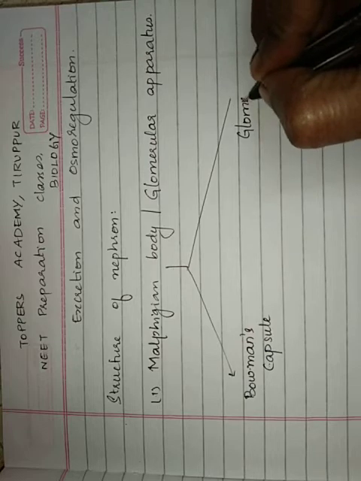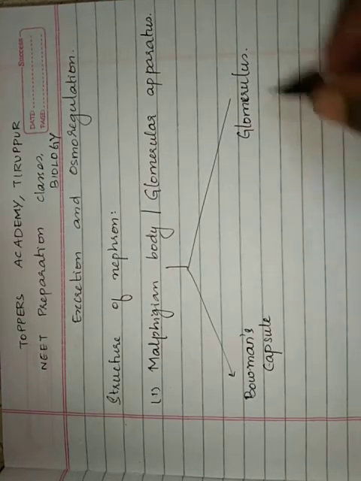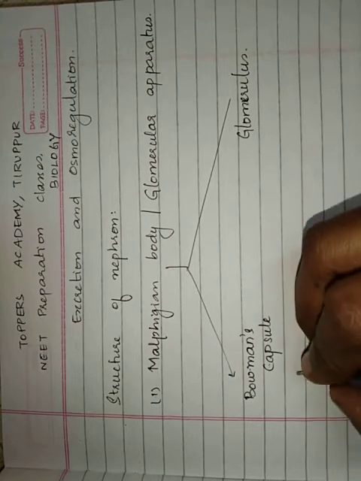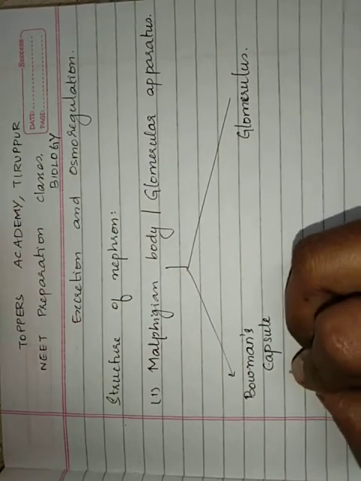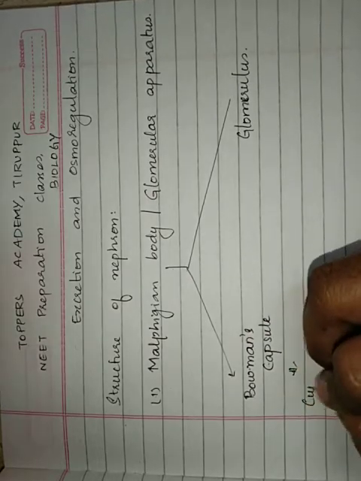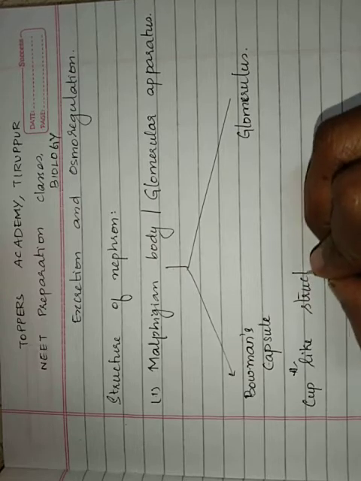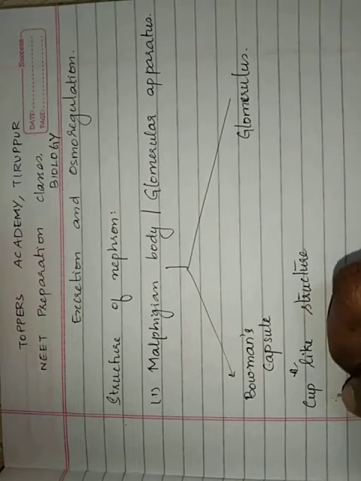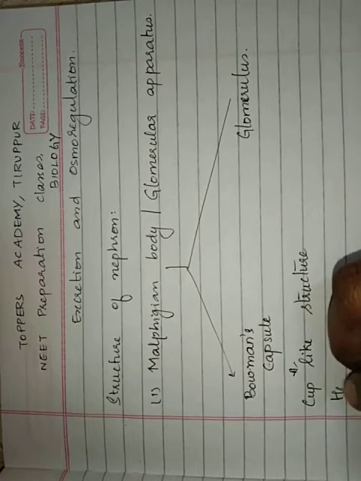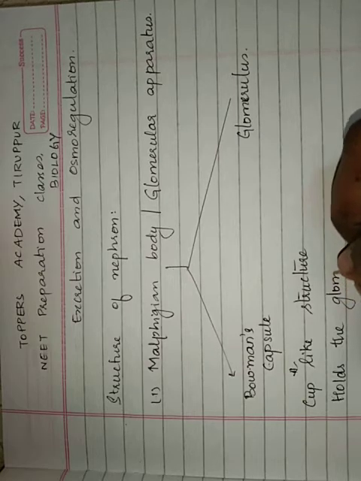The glomerulus is a group or network of capillaries. The Bowman's capsule is going to be a cup-like structure, and it holds the glomerulus inside it.